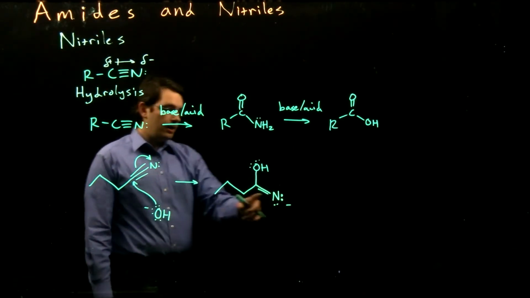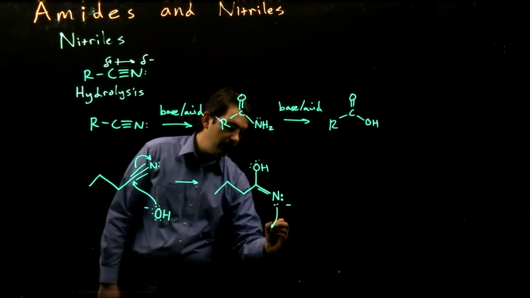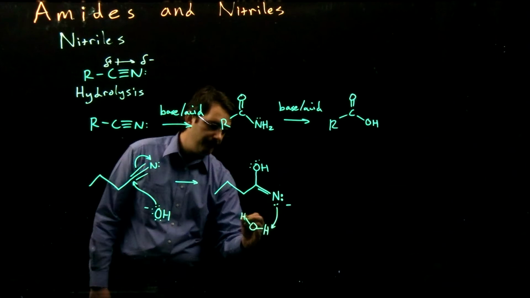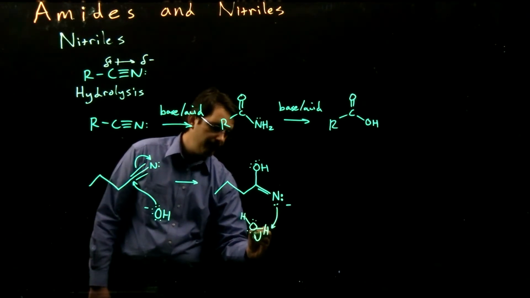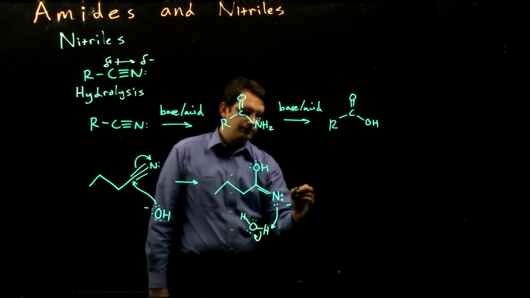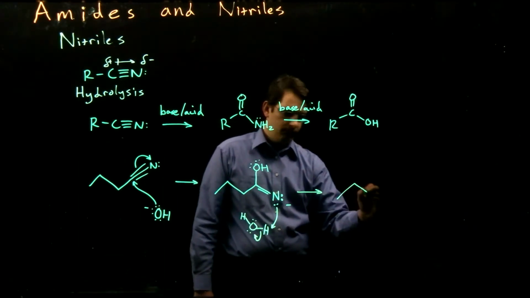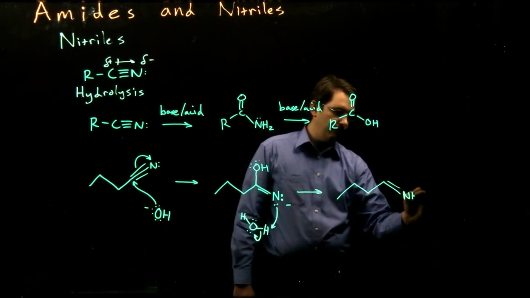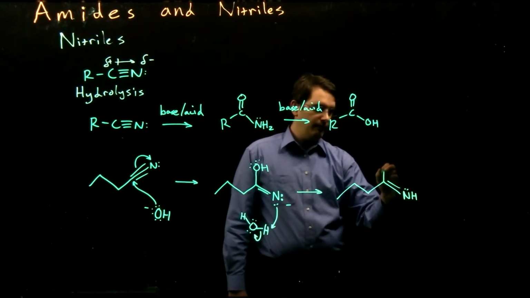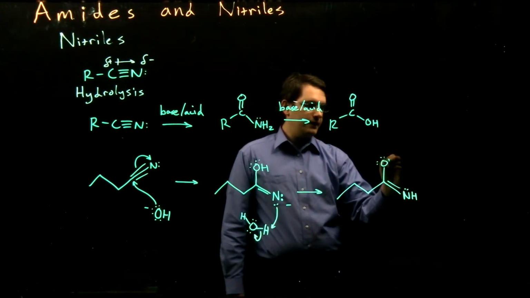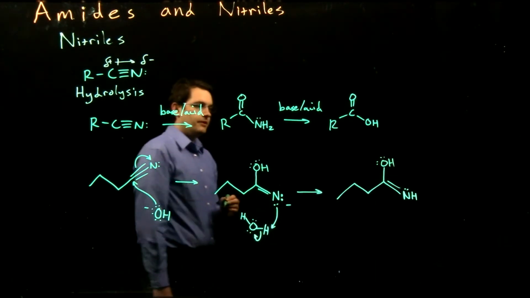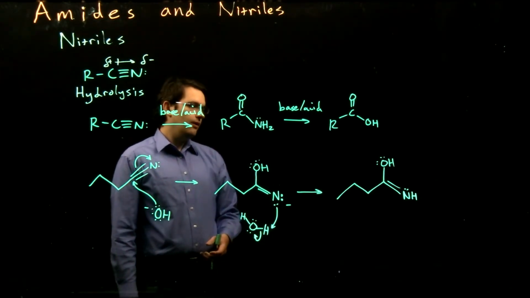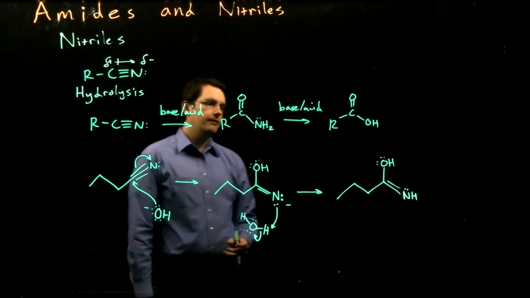Now this is negatively charged, so we're going to take the hydrogen from our water in solution. And you should notice here, we're starting to look quite similar to our amide, but it's the resonance structure of our amide where our nitrogen has the double bond.